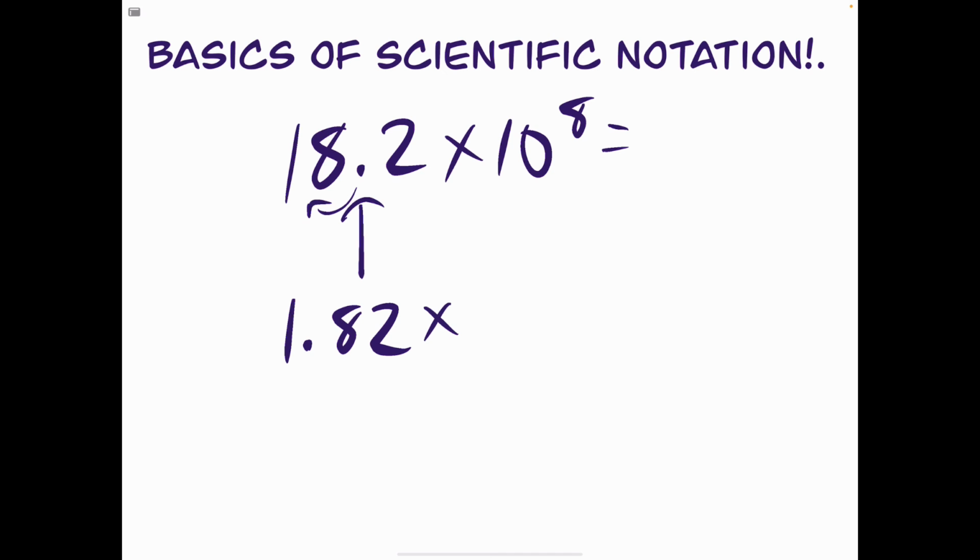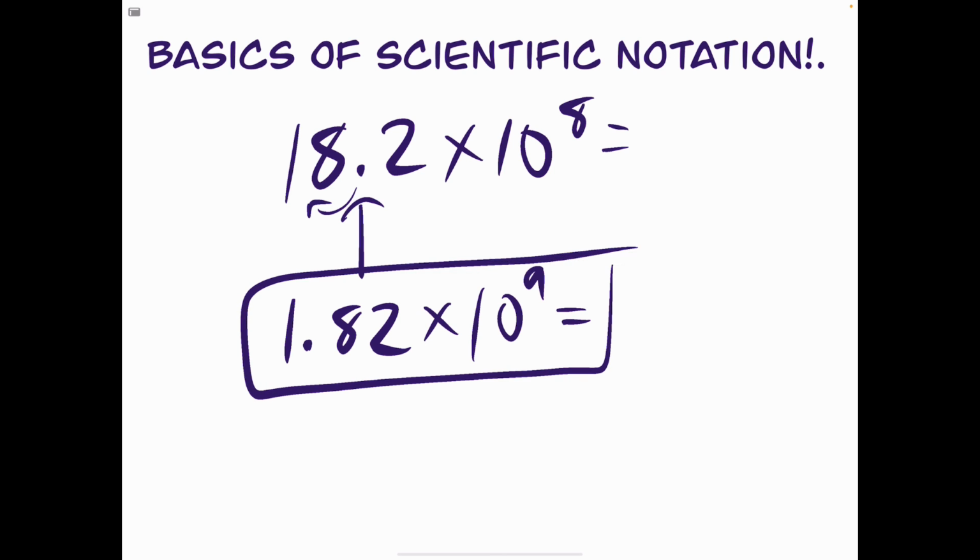Since it starts with times 10 to the 8th, because we shifted one place to the left, we have to account for that, and change it to 10 to the 9th. So that would be the scientific notation.